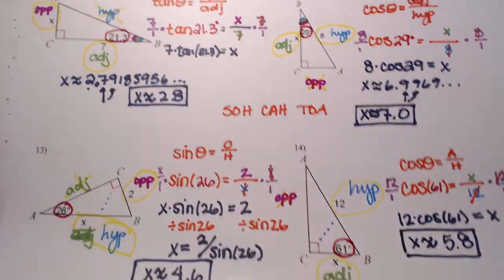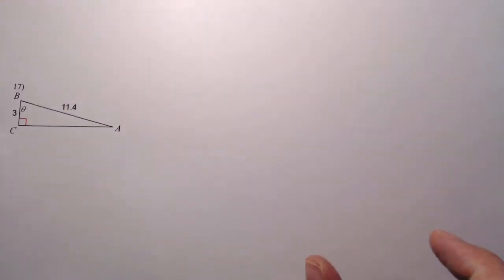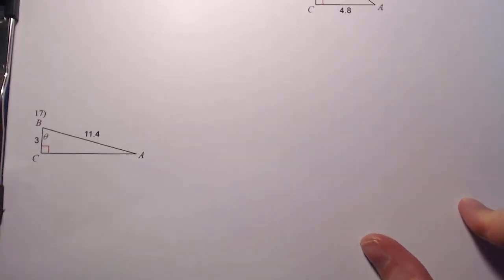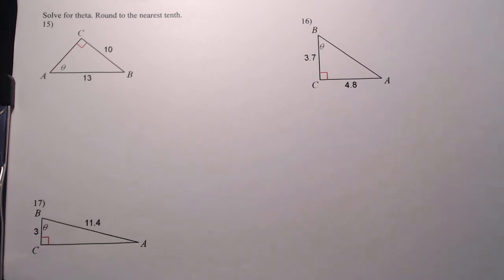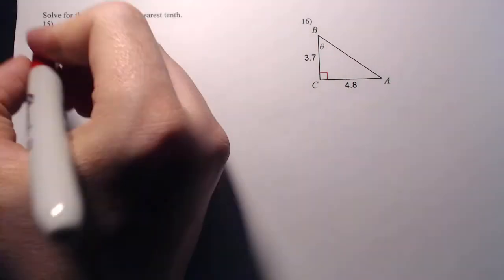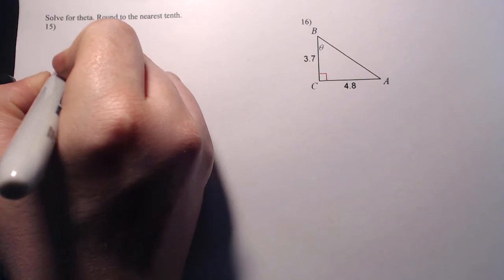I'm going to continue with the next set of problems because they're going to be a little faster than those ones. So we're basically going to do the exact same thing, just now I don't have the angle. I have the angle I want to find.